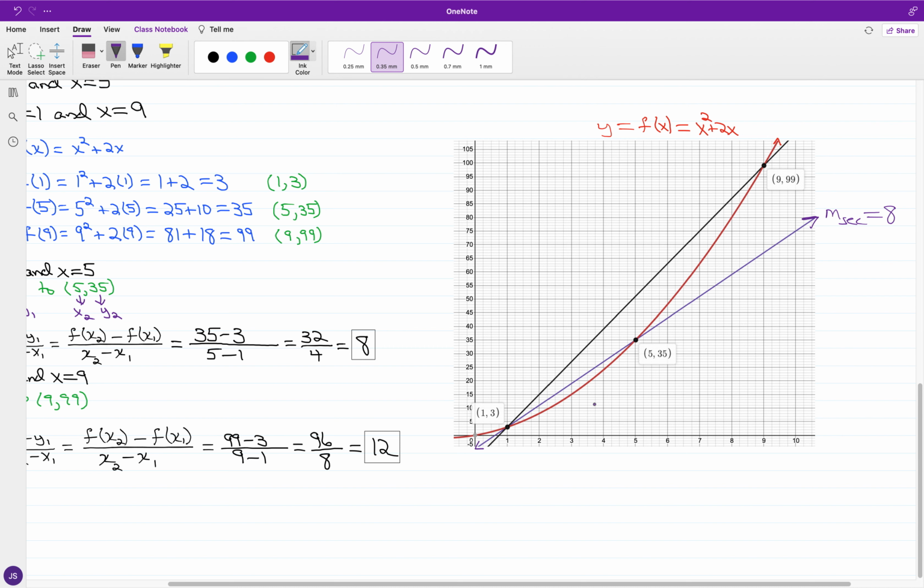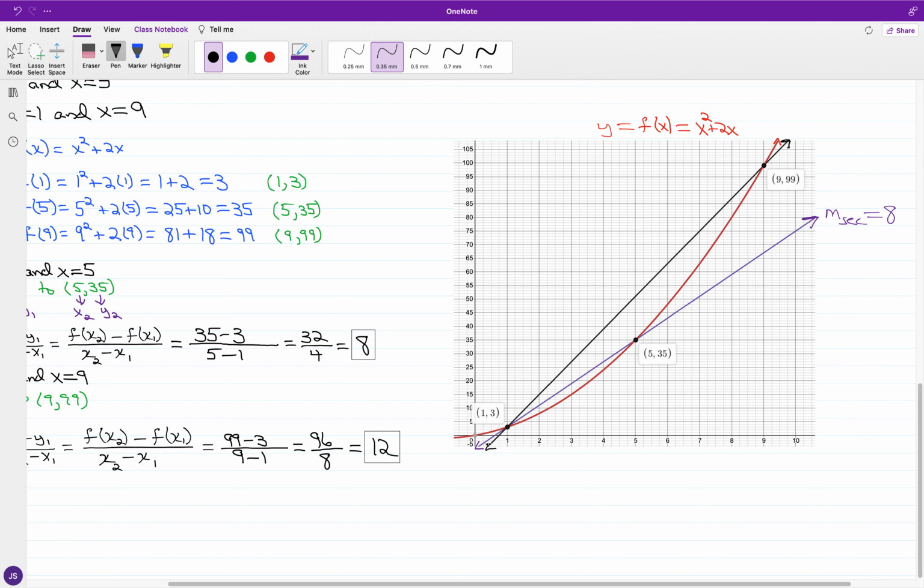And just a little bit of history repeating itself along the lines of what was presented for f of x equals x squared minus 4. The farther out you go to the right from the starting point, the steeper the curve is going to be, and the higher the value of each subsequent secant slope is going to be.